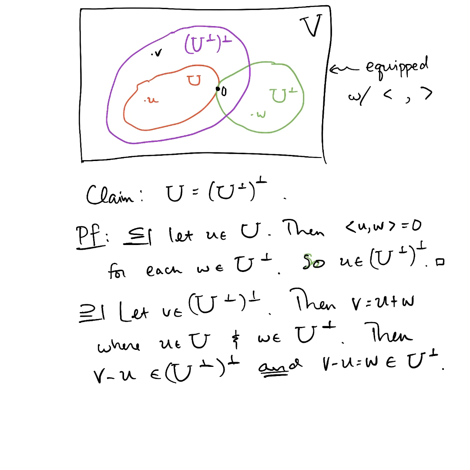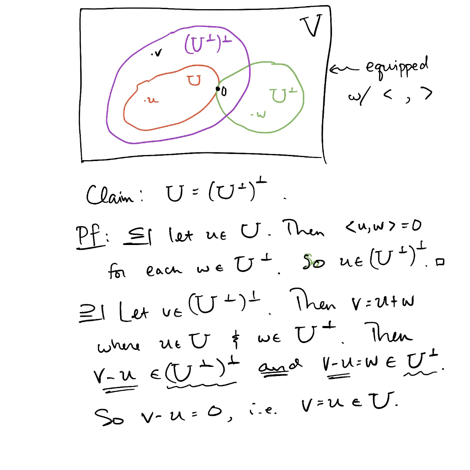And you know that a thing belonging to a subspace and that subspace's perp, well, there's only one thing that belongs to both of those. It's 0. So V minus U equals 0, i.e. V equals U. And where did U live?